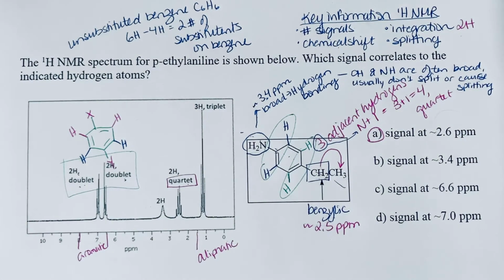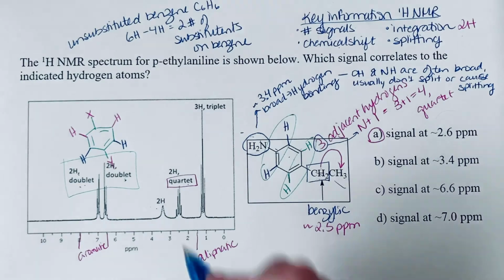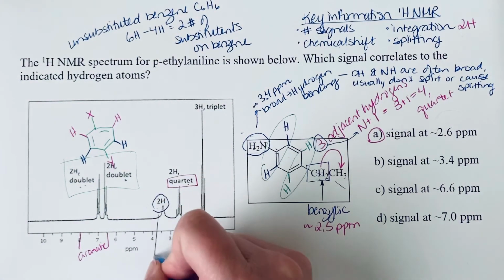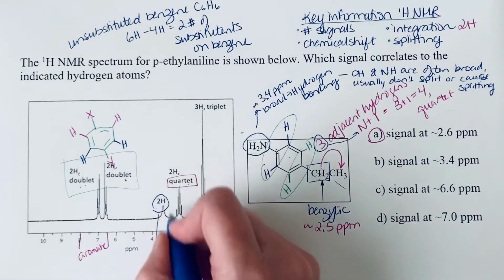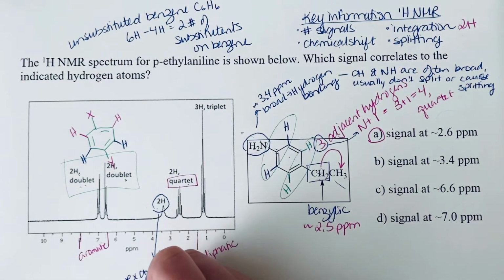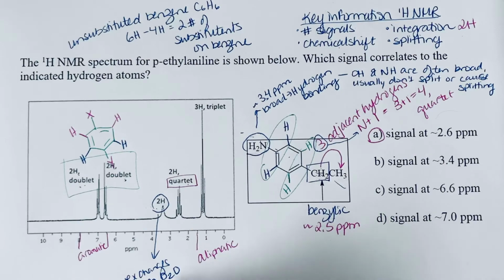There's one more thing that we can say about these OH and NH signals. If we weren't sure between these two and we wanted to do a little chemical test, we would probably find out that this 2 hydrogen signal would disappear if we added deuterated water. The way that we would notate that is we would say that this exchanges with D2O, deuterated water.